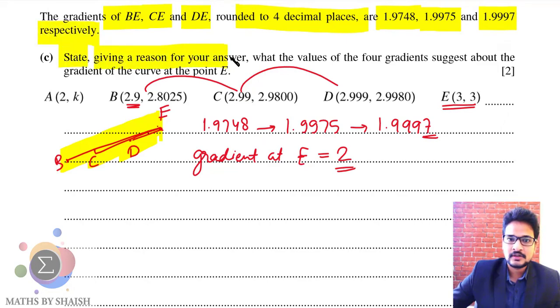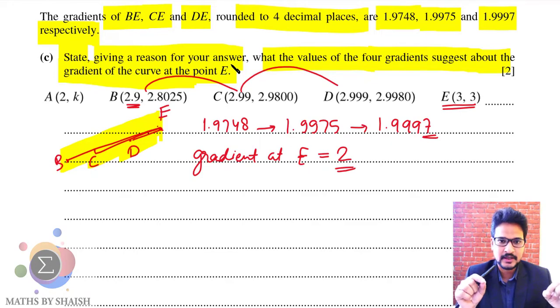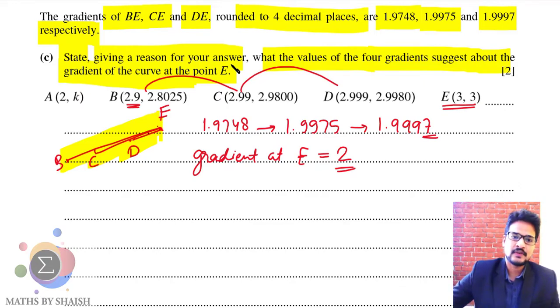State, giving a reason for your answer, what the values of the 4 gradients suggest about the gradient of the curve at the point E. The gradient of the curve is defined in a manner like if you find the gradient of the line joining 2 different points, and if it tends to that point, meaning x value is getting closer to that point E, then the gradient would be the required gradient at that point.